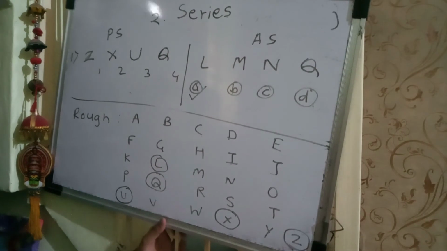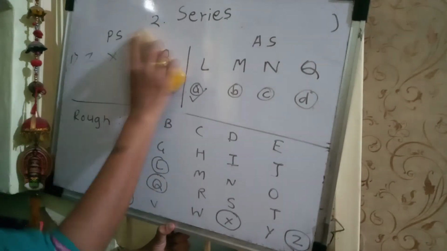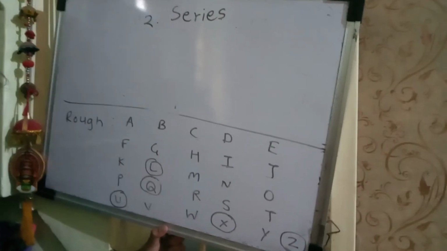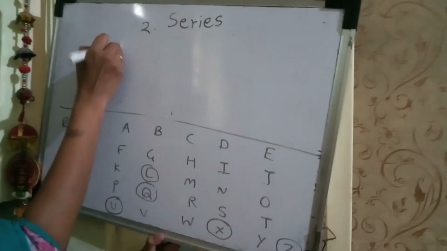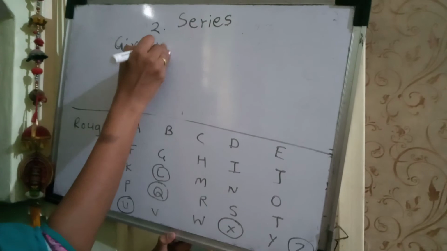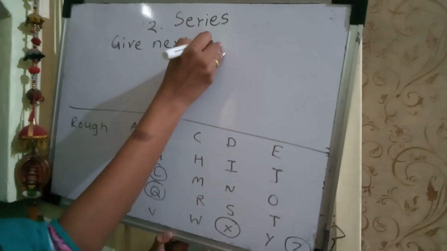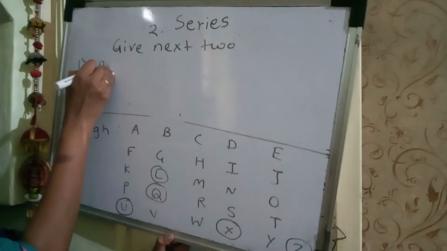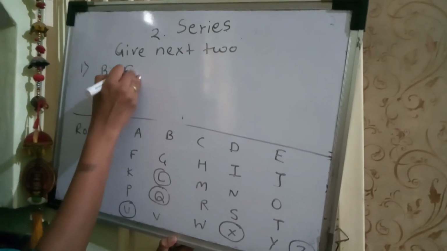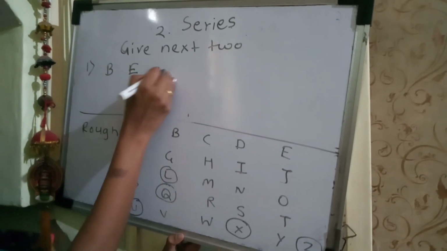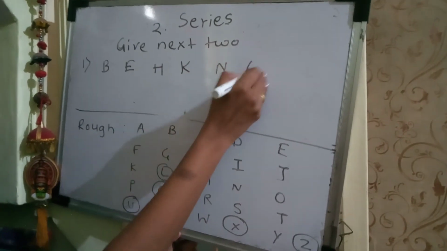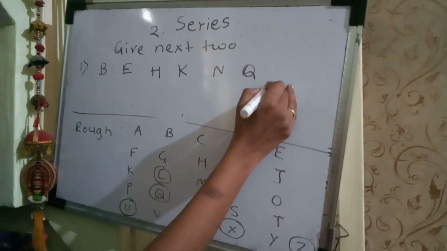In this letter series, give the next two of each one. Now see, the series is given B, E, H, K, N, Q. What will come here?